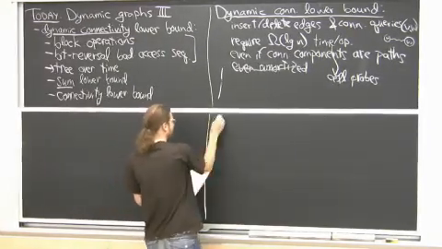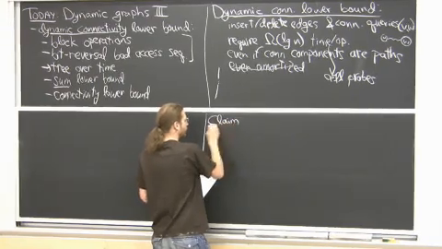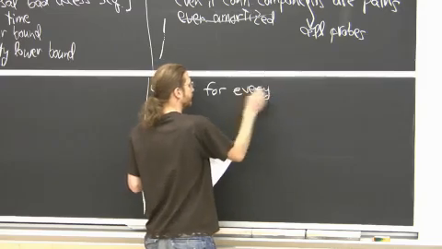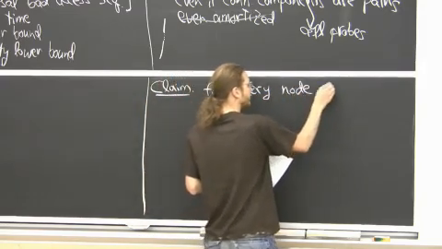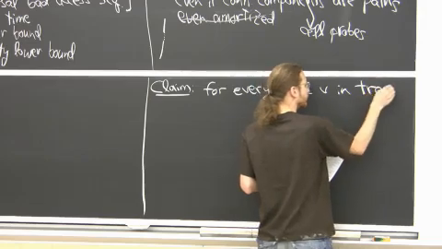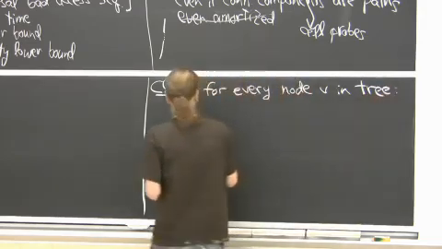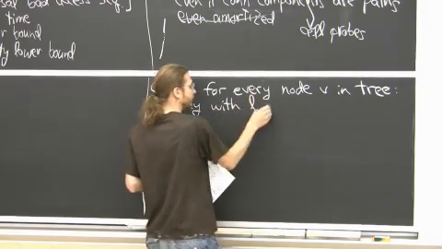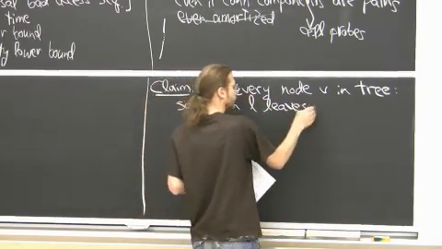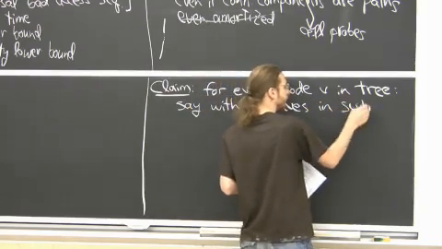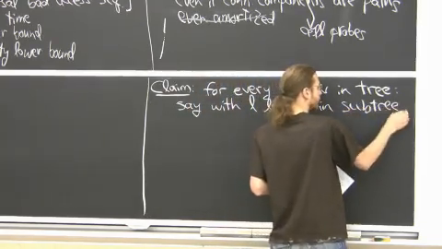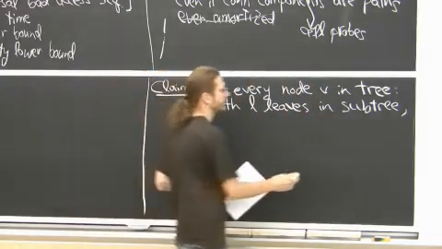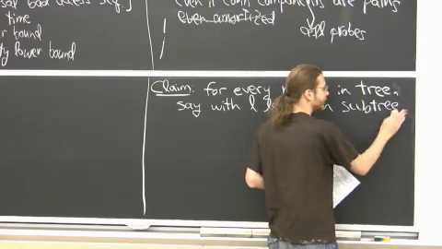So here's the claim. For every node in the tree, say it has L leaves in its subtree. This should be a comma, this should be a colon, whatever.